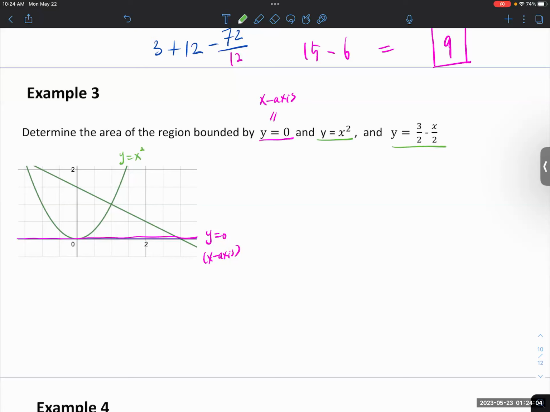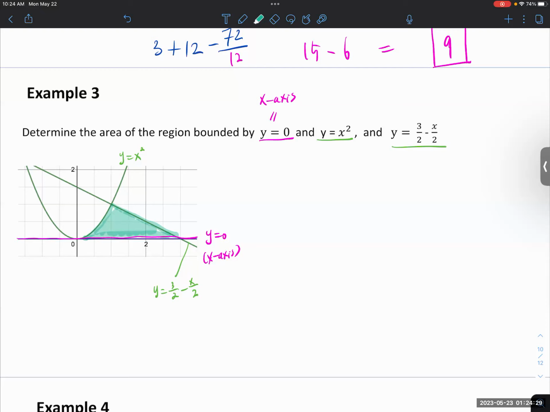And there's another linear function, y equal to 3 over 2 minus x over 2. So we are looking for the area surrounded by those 3. Where is that? The area we are looking for is here.